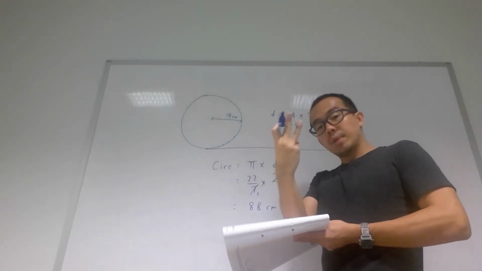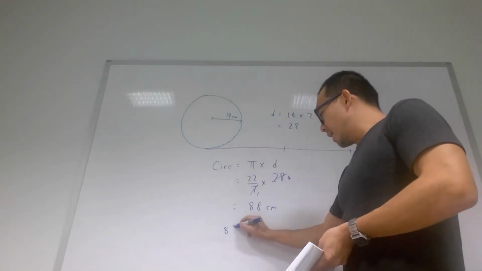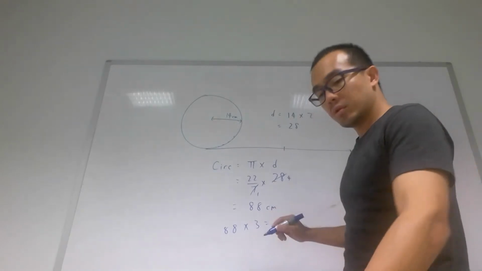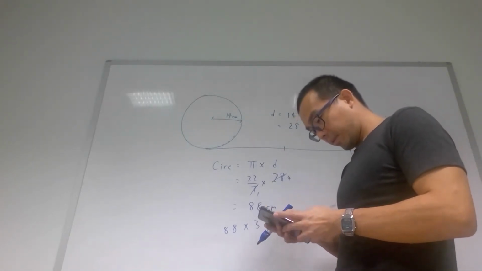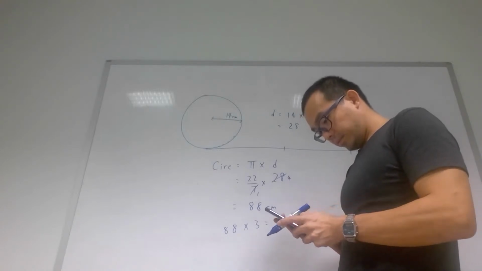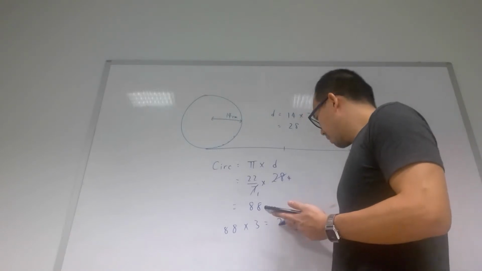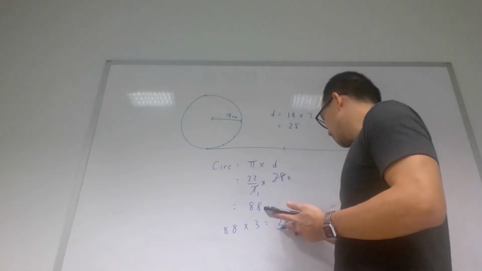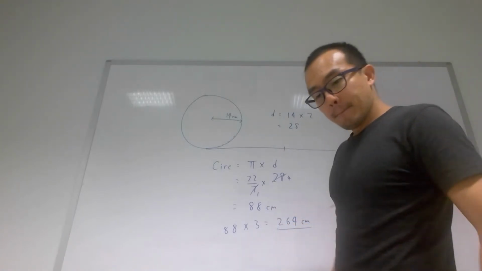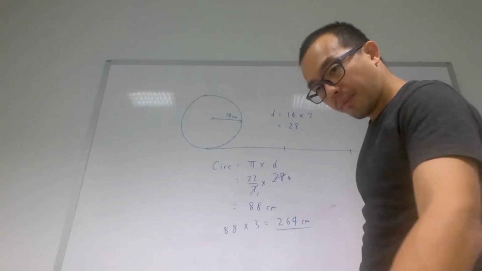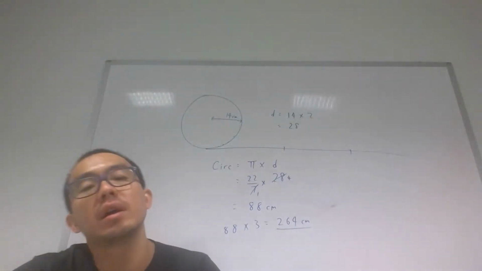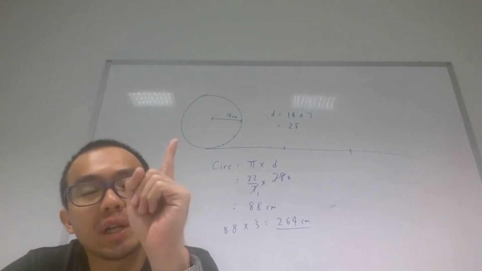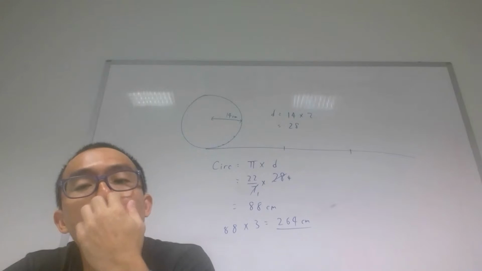So for 3 complete turns, you need to take 88 times 3. What's the answer? Okay? Got it? Just remember when you have a wheel, every time it rolls 1 time, that's the circumference 1 time.